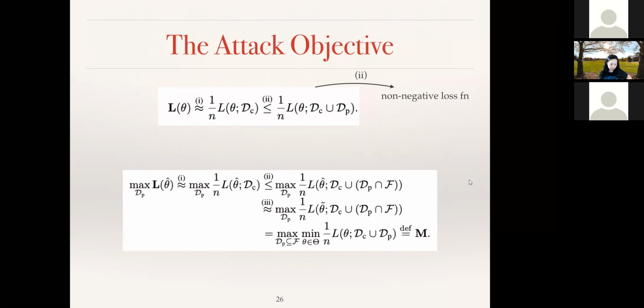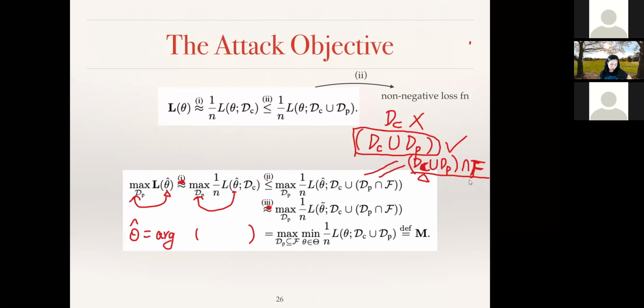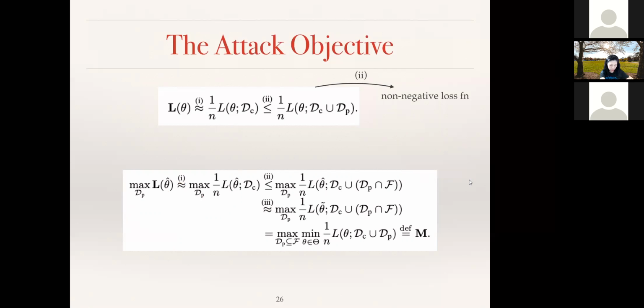For the final approximation, we have the defender trained on DC union DP intersection with F. Basically, it uses the entire training data set rather than just the training data set that has to fall into F. This is not very practical, but it is the assumption this paper is making. Hopefully this does not have a large effect as long as the defense is not too aggressive.